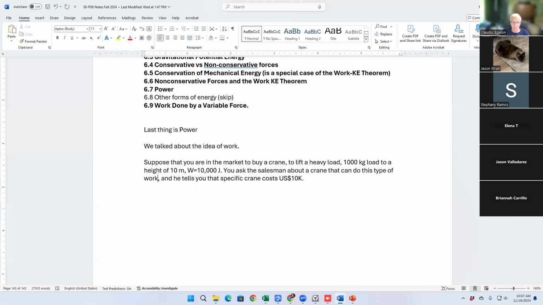It can lift this. It can do work of this amount, 10,000 joules, and the price for this crane is $10,000, right?" $10,000 should be like $1 per joule.